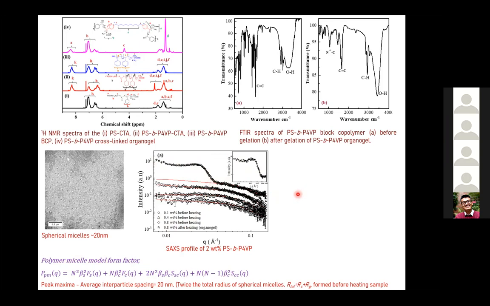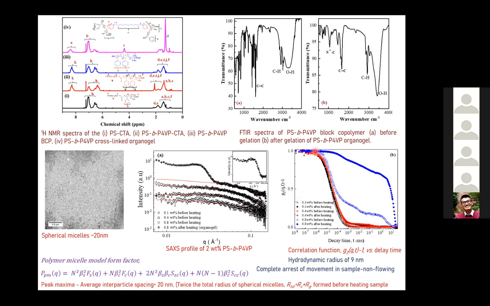We also did some light scattering measurements, where you can see that the very dilute samples decay fast, whereas the correlation functions show complete arrest. So the sample is also non-flowing, implying that it is a gel. And from light scattering, we obtained a radius of about 9 nanometers. So this, as well as the micellar size and SAXS details, confirm that the size is about 20 nanometers.